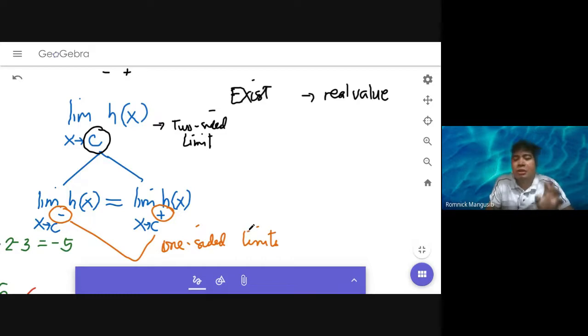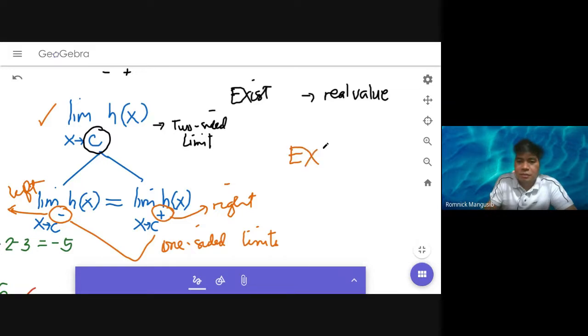So ang condition dito class, ito mag-exist if and only if limit from the left, this one is left, and limit from the right, both exist. The two of them must exist, itong condition, and equal. Ibig sabihin, yung left at saka ang right must also have a real value at dapat pareho sila.